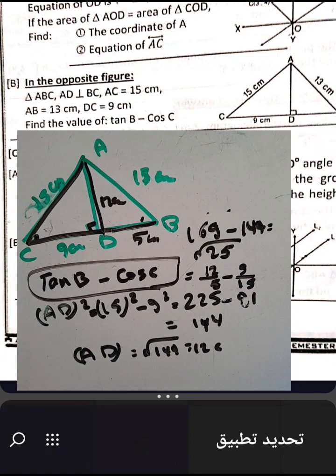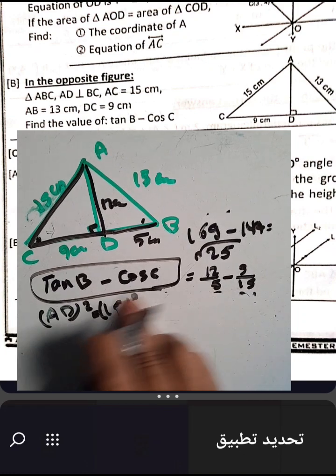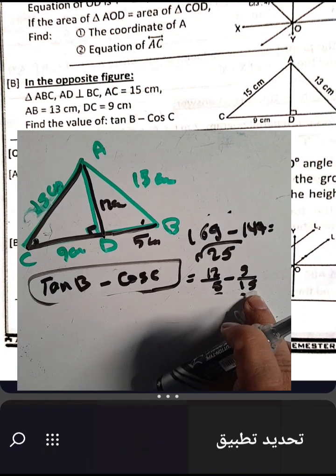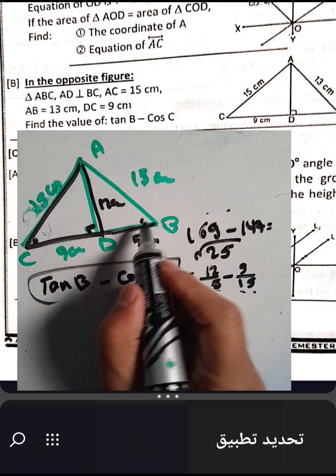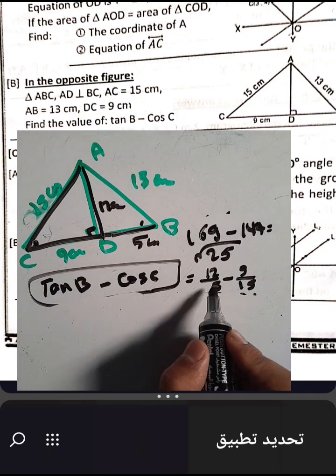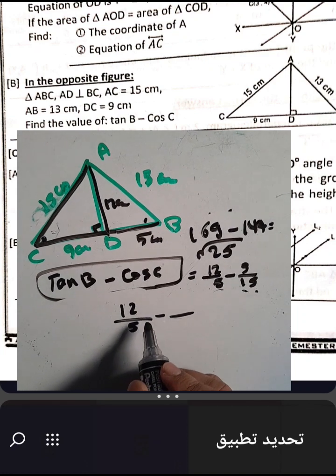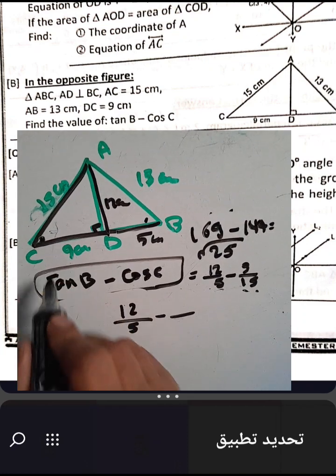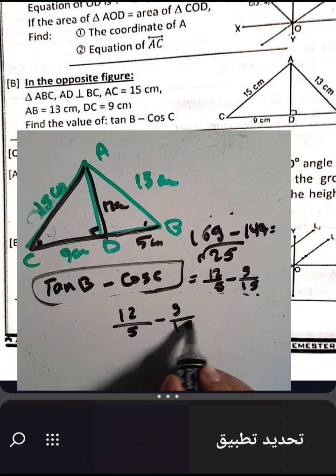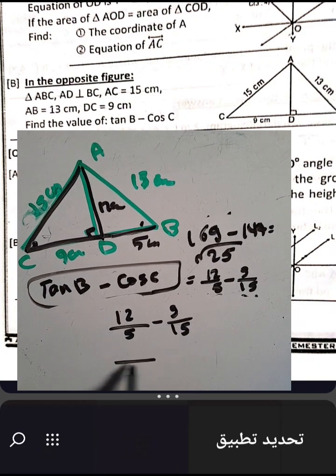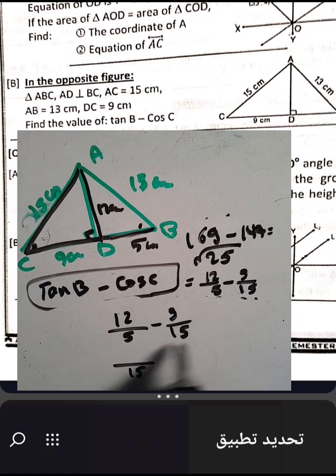To find the difference, find the least common multiple between the two denominators, 15.